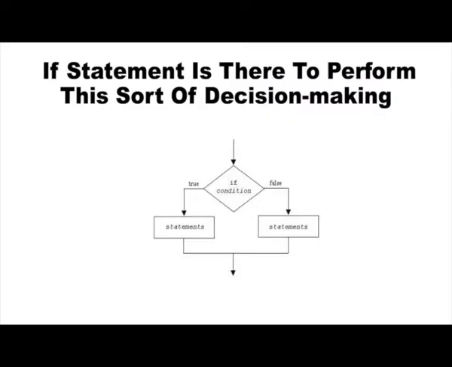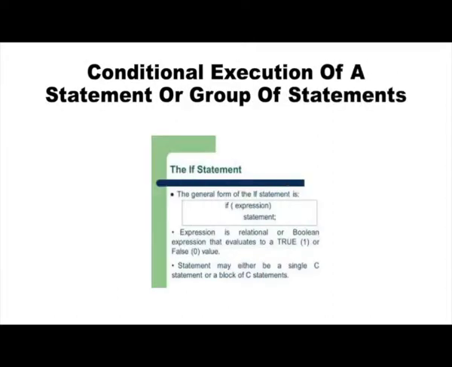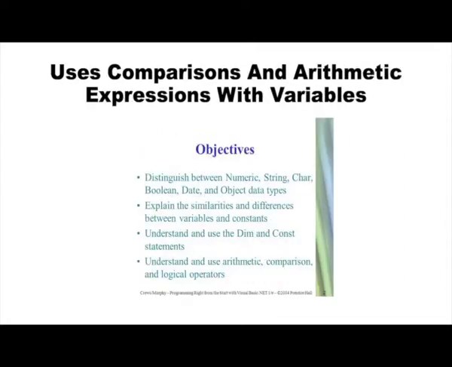In a Python program, the if statement is there to perform this sort of decision making. It allows for conditional execution of a statement or group of statements based on the value of an expression. The condition usually uses comparisons and arithmetic expressions with variables.